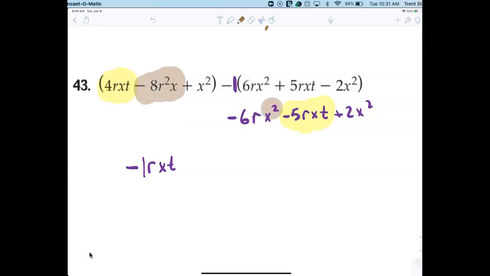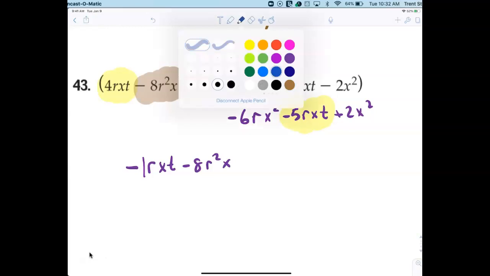Right. So that's going, oh wait, no, that's not right. There's nothing there, right? It'll be just minus. Right. See how you got to be careful. Negative 8r squared x. And I'm highlighting them as I go so I don't forget.